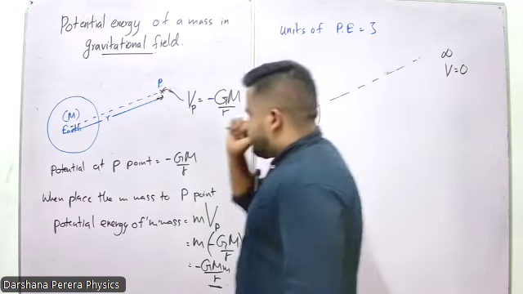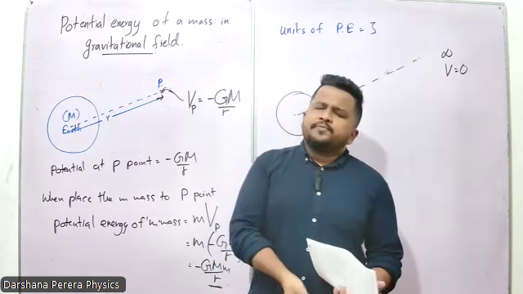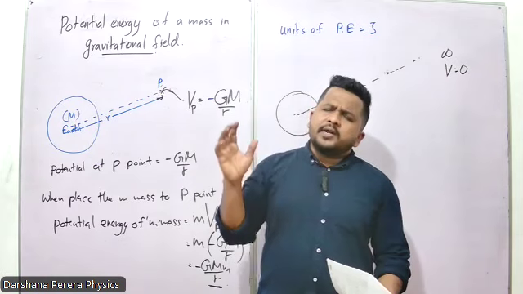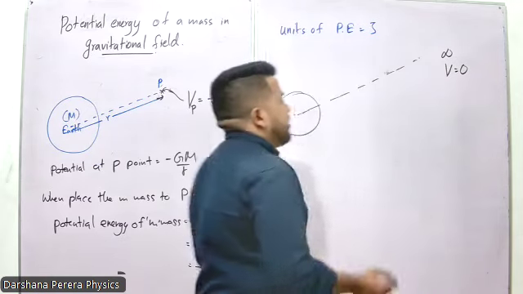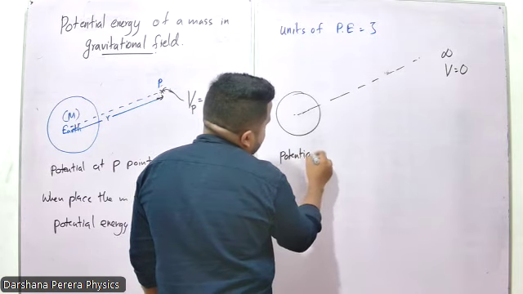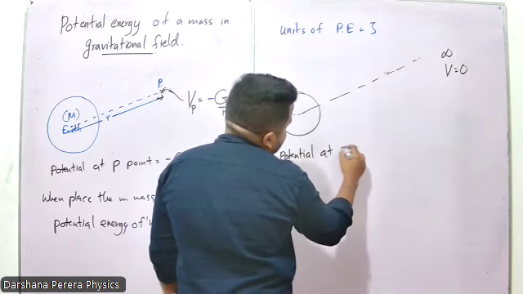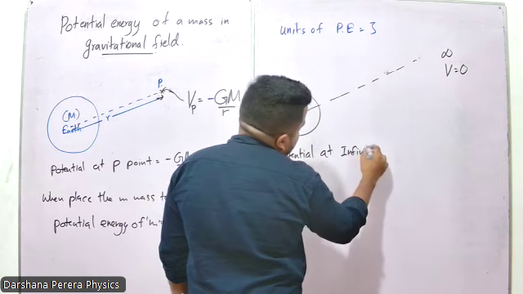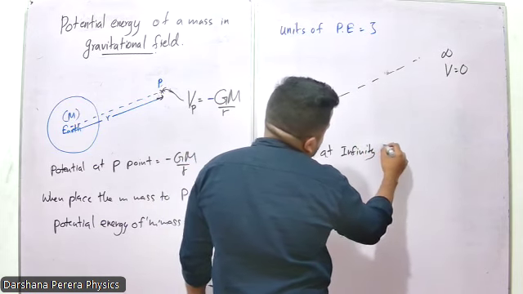If I place some kind of mass at infinity, the potential at infinity is zero.